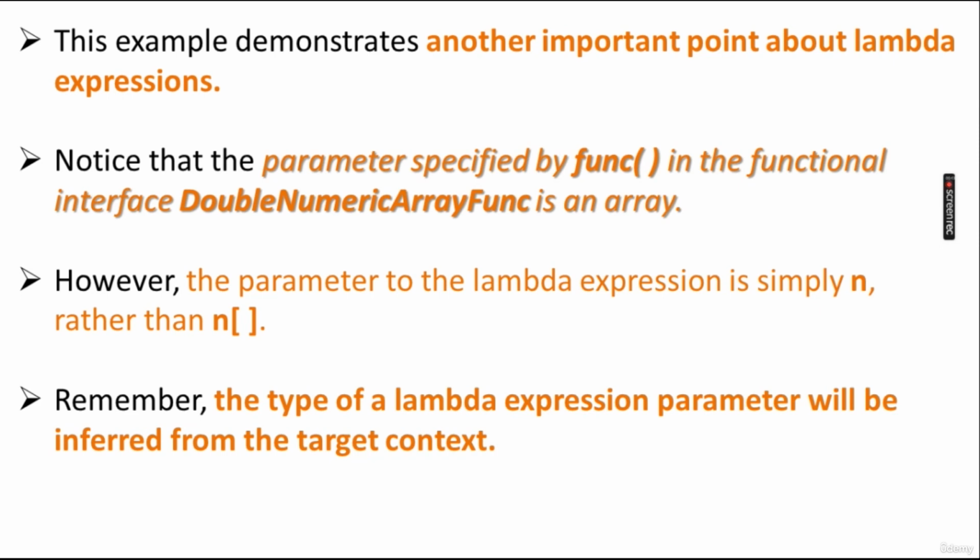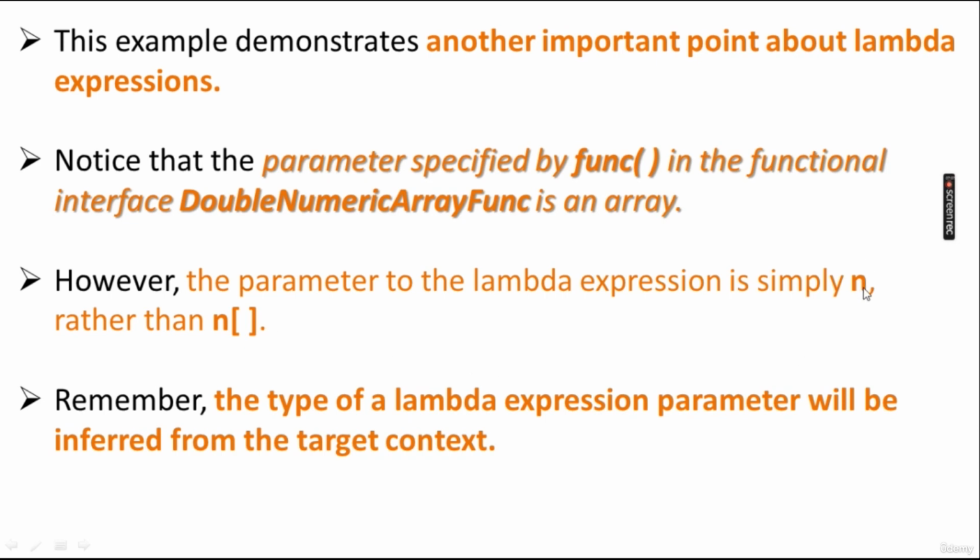Okay, the parameter to the lambda expression is simply n rather than n array. The type of the lambda expression parameter will be inferred from the target context. Okay, so here we are only passing the name, that is the variable name n. We are not passing it as n with opening and closing square brackets to tell that it is an array.